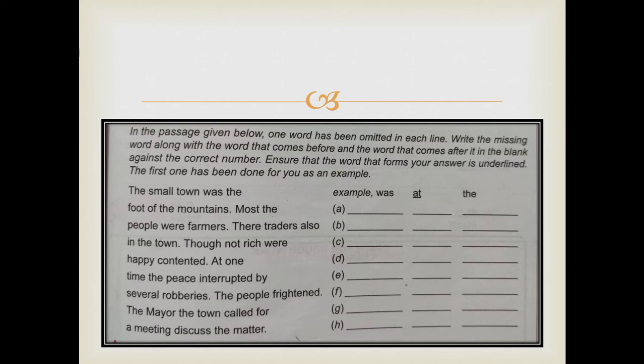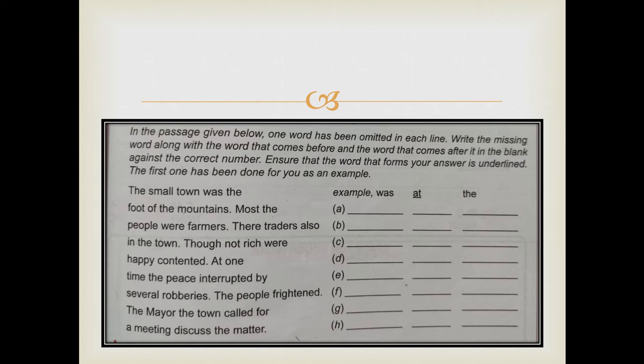In the first blank we are going to write most, that is the preceding word. Then we have supplied the word of, so that we are going to write in the second blank, and in the third blank we are going to write the word the, that is the word which is succeeding the supplied word. And don't forget to underline the word which we have supplied, that is the word of, which is in the second blank. Clear? So most of the people were farmers.